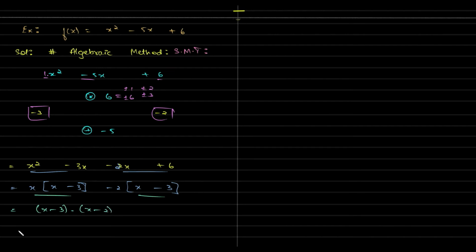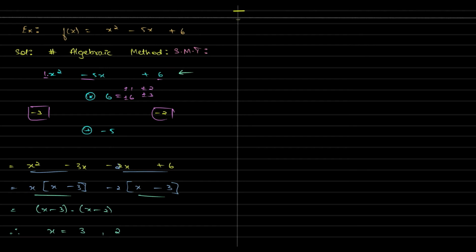The final answer is, therefore, your zeros are 3 and 2. If I put 3 over here, I'll get 0. If I put 2 over here, I'll get 0, and thus the zeros of this expression are 3 and 2. That's your algebraic method.